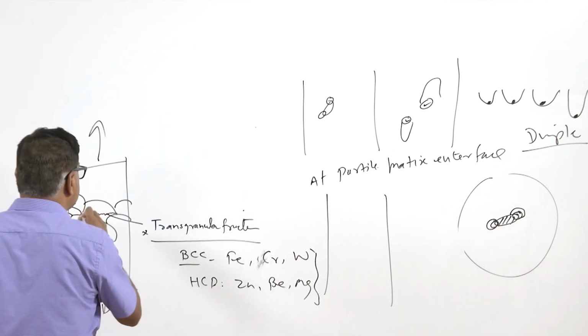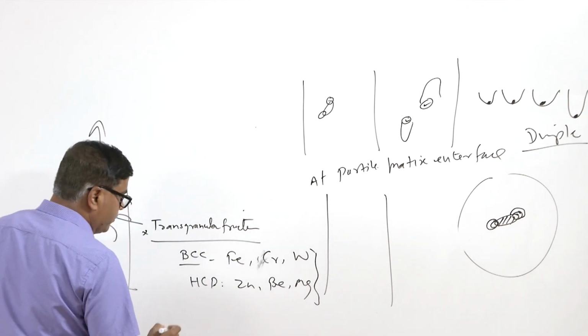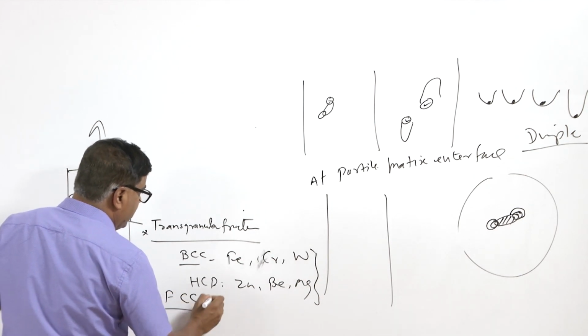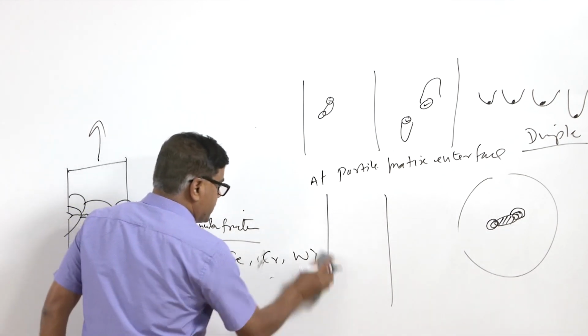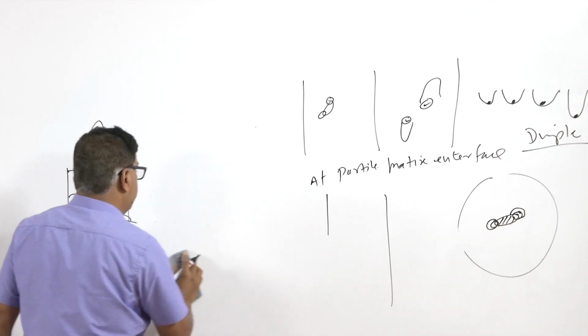So, in these cases mostly the crack tends to grow in a transgranular manner, while FCC metals are immune to transgranular fracture. This is one way of talking about the fracture.